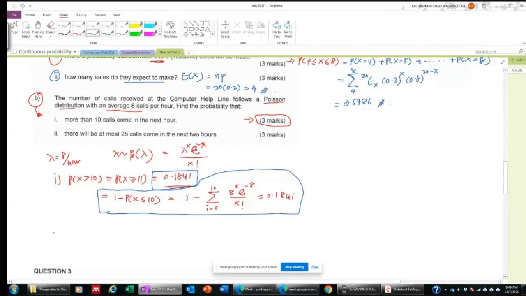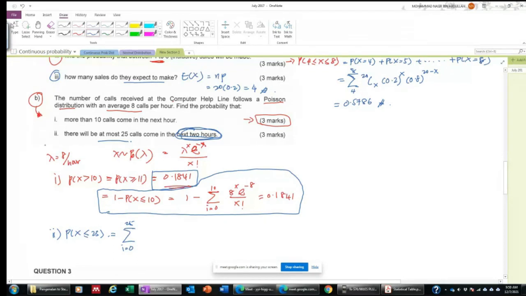Okay. So number 2, there will be at most 25 calls. So probability of X less than or equal to 25 in the next 2 hours. So you show the summation of i from 0 to 25. So this one is the next 2 hours. Read the question carefully.